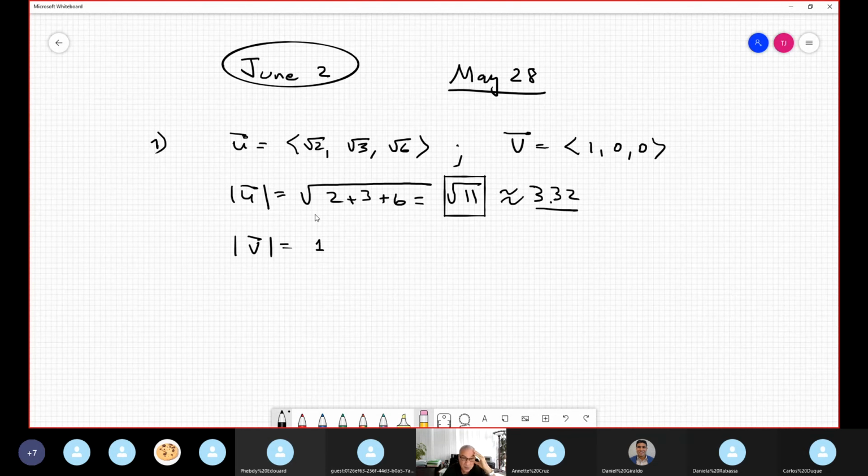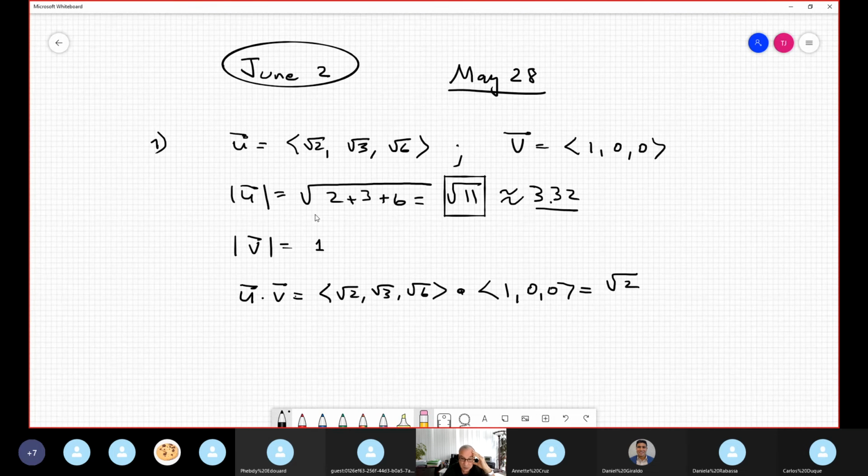In order to find the angle between the vectors, you perform the dot product, u dot b. Let's do it. Obviously, I multiply component by component. The dot product of <√2, √3, √6> and <1, 0, 0> is √2.